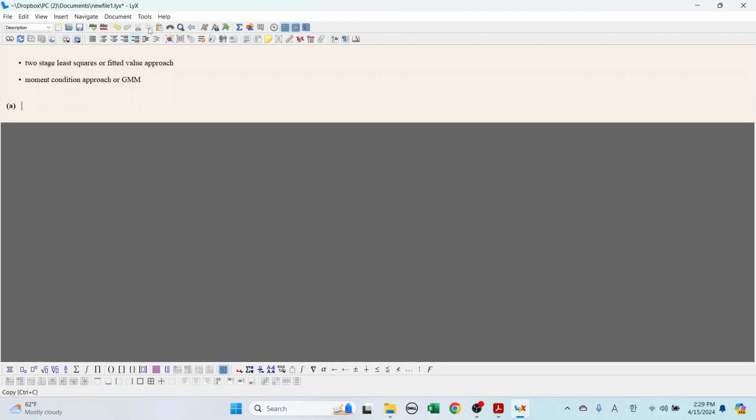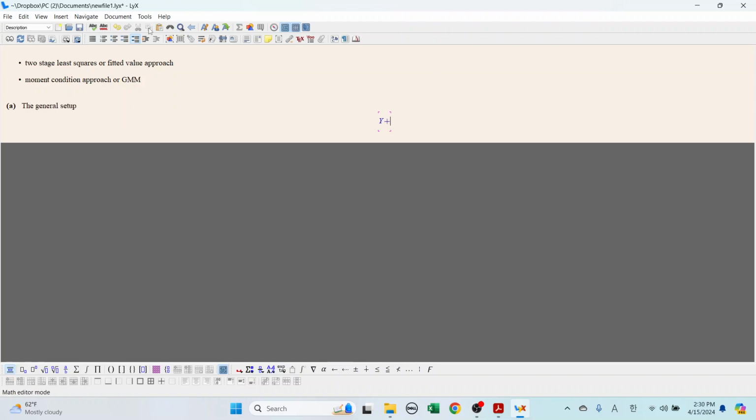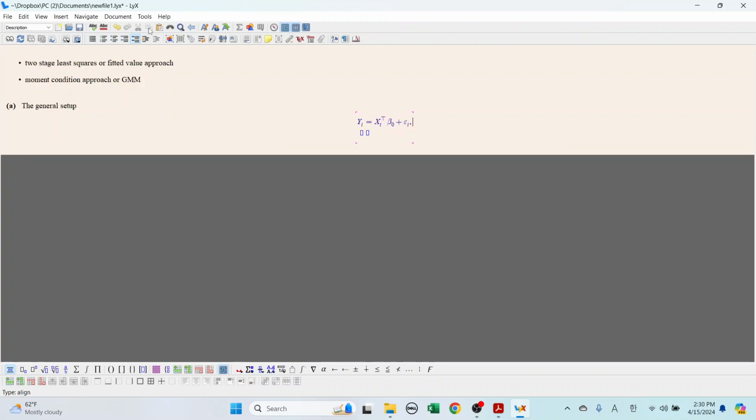So think about A. In general, let me write down the general setup we learned in class. We have this main regression, and the first stage regression usually goes like x equals gamma 0 times z plus eta.